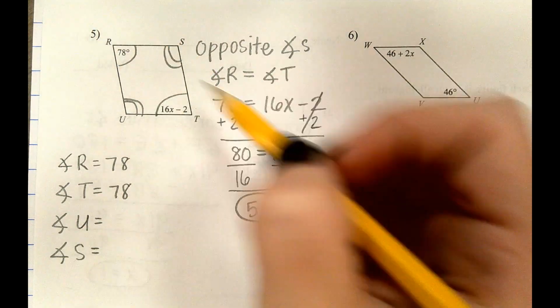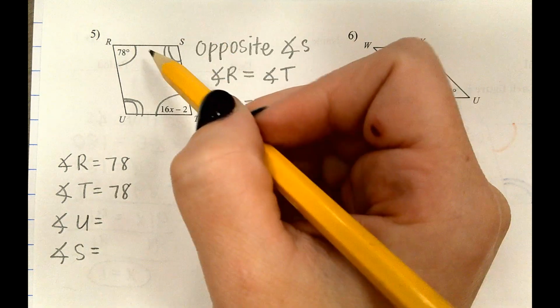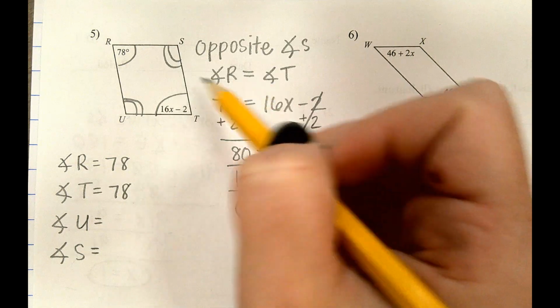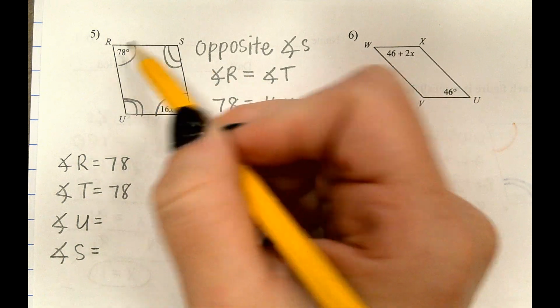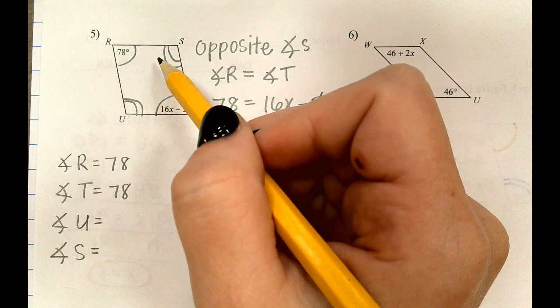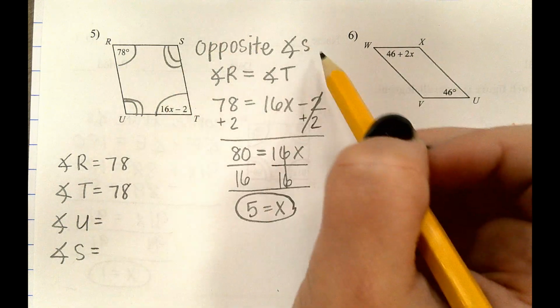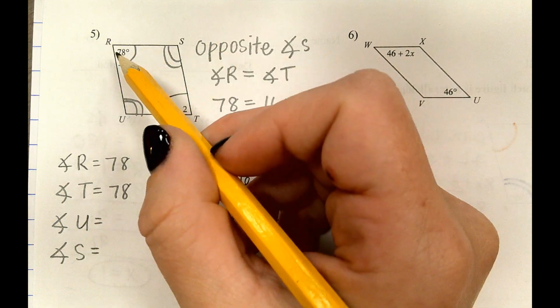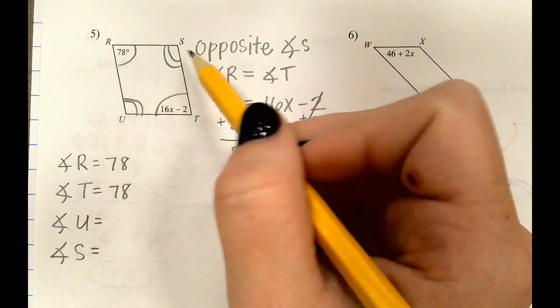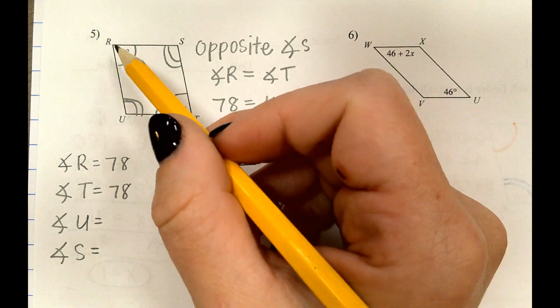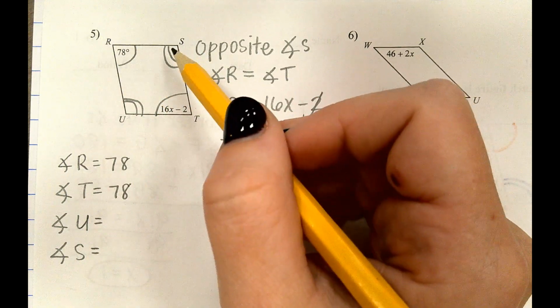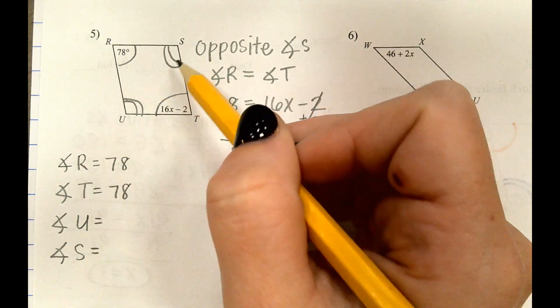If they're not opposite, you really only have two options here. If they're opposite, we set them equal to each other. If they're consecutive, we add them and set them equal to 180. So if I wanted to solve for S or for U, I would just solve for one of them first, and then I know that it's equal to the other.